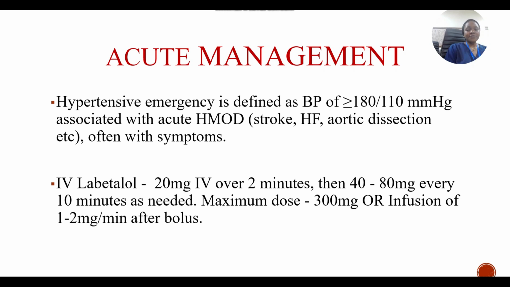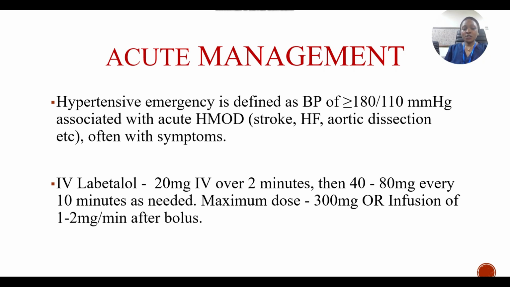So, a person has very high blood pressure with stroke or comes in with heart failure, aortic dissection, myocardial infarction. And hypertensive emergency, as a result, usually comes with symptoms. So, there may be symptoms of dizziness, chest pain in line with the organ damage that is occurring.